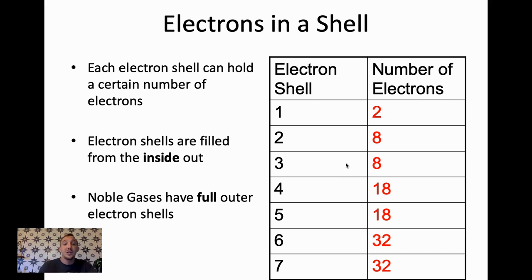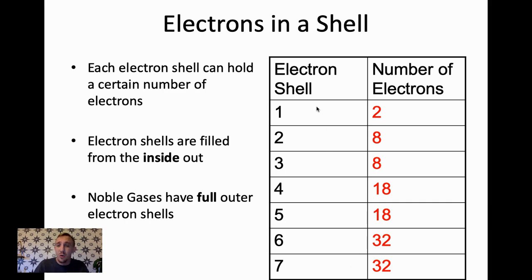Now, the electron shells are filled from the inside out, meaning I have to fill energy level 1 with 2 electrons before I can fill energy level 2. I would have to fill energy level 2 with 8 electrons before I could move to energy level 3, and so on. Okay, and so just think about it. As you get further from the nucleus, you actually have more space to hold electrons.